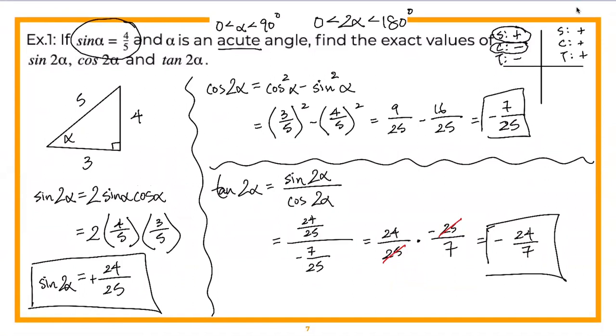So let me ask you folks a question here. Is the double angle in quadrant 1 or quadrant 2? Quadrant 2. Quadrant 2, you were right. How do you know?